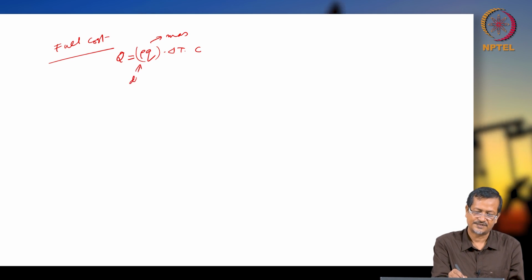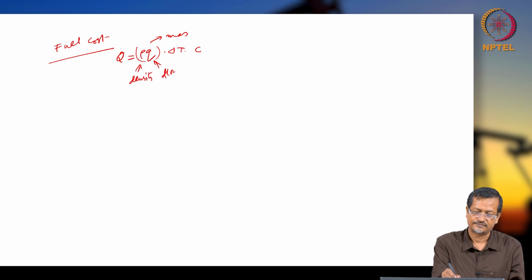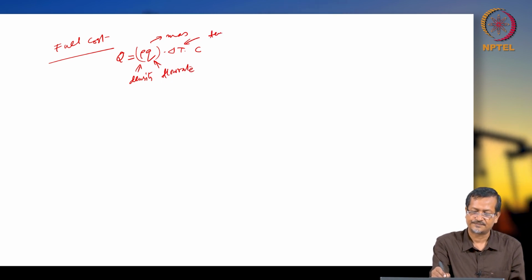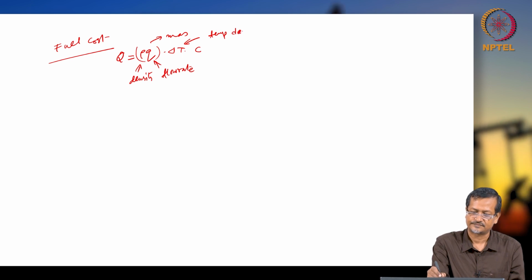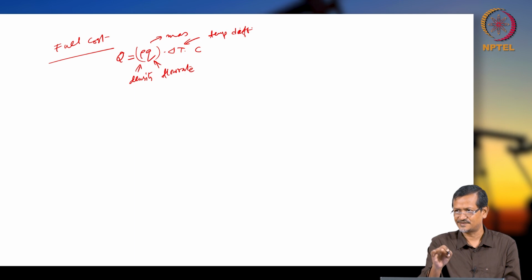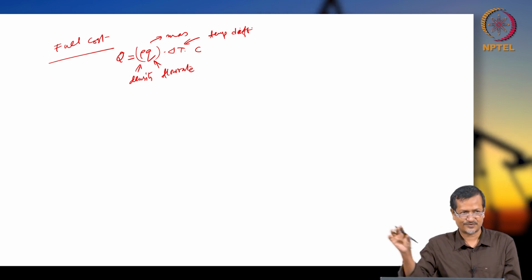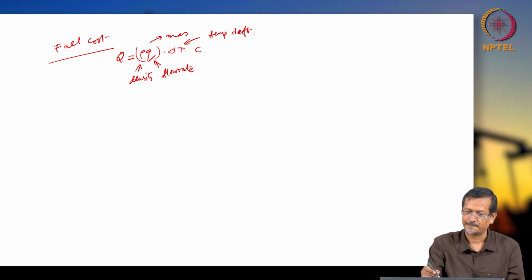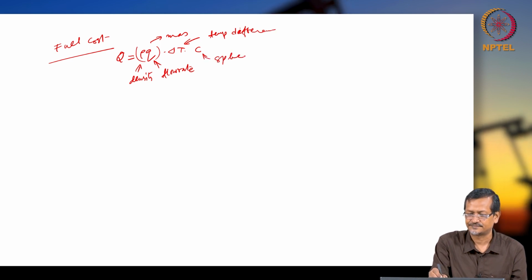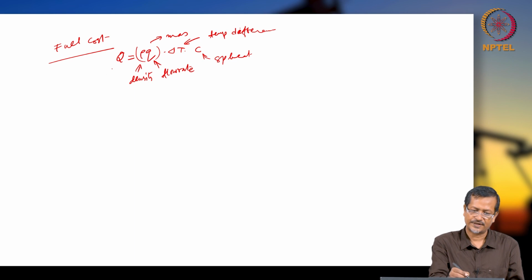Rho means density, Q is flow rate, and delta T is temperature difference. Q equals MST formula, you can remember: heat equals mass into specific heat into delta T, temperature difference. And C is specific heat. Now you have to know the units also.